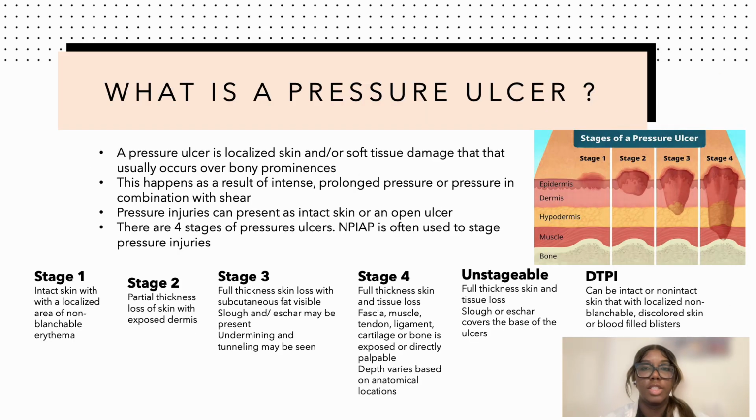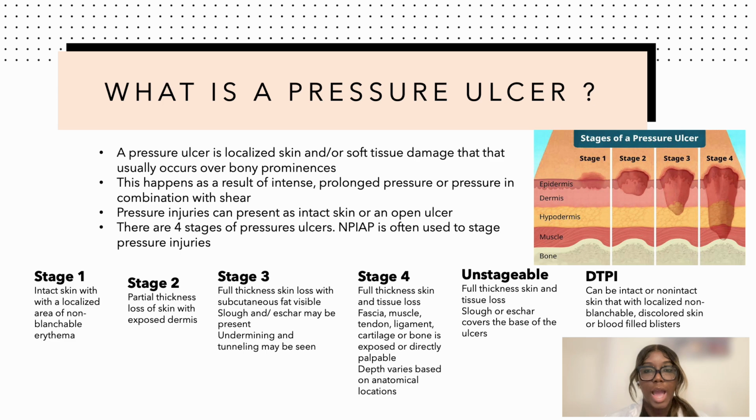So first, what is a pressure ulcer? It is defined as localized skin and or soft tissue damage that usually occur over a bony prominence. It happens as a result of intense, prolonged pressure or pressure in combination with shear. These injuries can present as intact skin or open ulcers, and there are four stages of pressure ulcers.